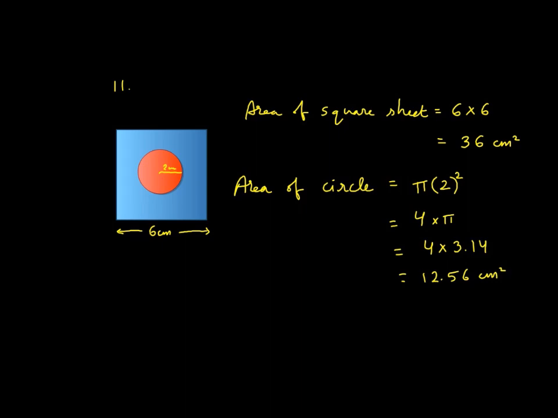So area of sheet left over will be the difference of these two, 36 minus 12.56, which makes the answer 23.44 centimeter square.